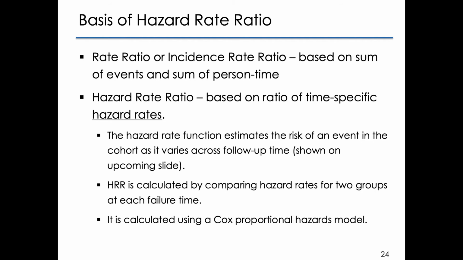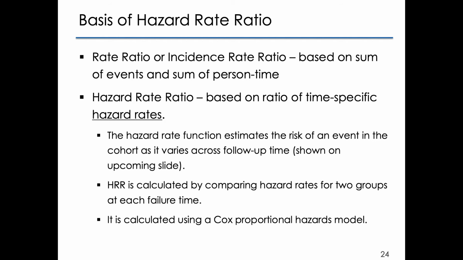So a rate ratio or incidence rate ratio are based on the sum of events and the sum of person-time across all the time being studied. The hazard rate ratio is based on the ratio of time-specific hazard rates. The hazard rate function estimates the risk of an event in the cohort as it varies across follow-up time.